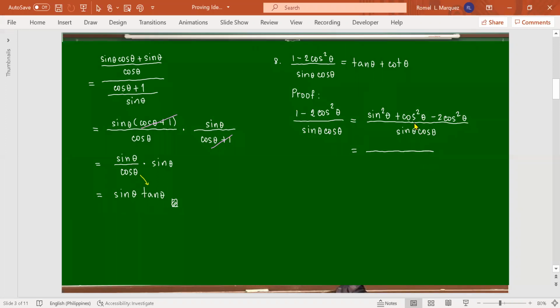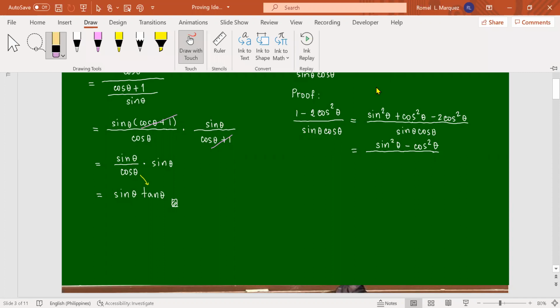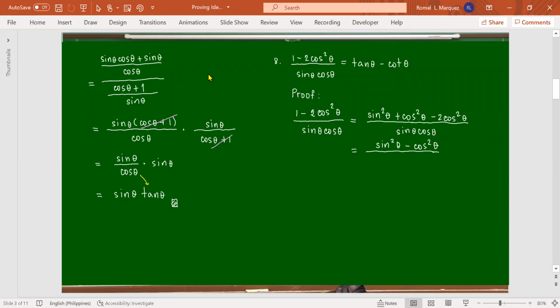We can combine this cosine squared theta and negative 2 cosine squared theta to get sine squared theta, then minus cosine squared theta. I think I'm now seeing what the sign here is. So this is supposed to be negative. So that is tangent theta minus cotangent theta. Okay, guys? So this is equal over sine theta cosine theta.